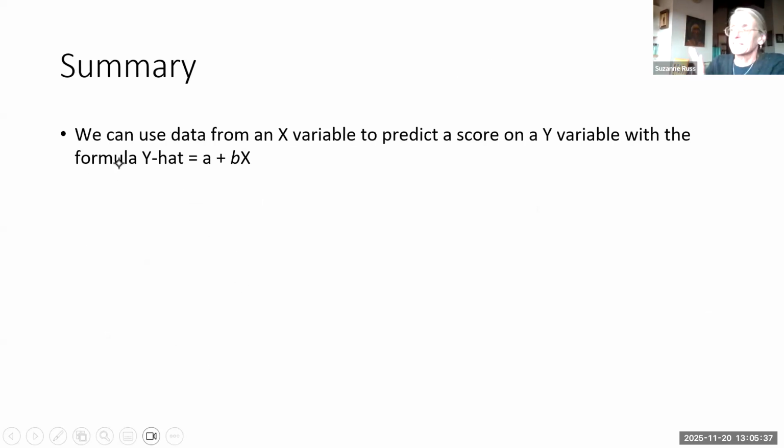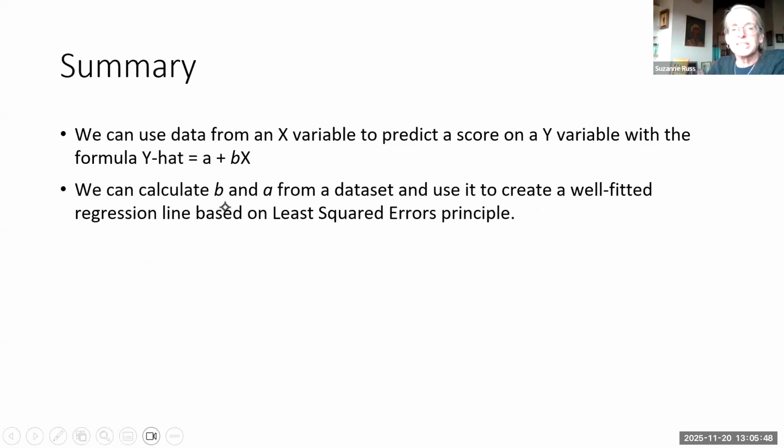So to summarize this, and then we'll go into the spreadsheet. We can use data from an X variable to predict a score on a Y variable using this formula. We can calculate B and A from a data set and use it to create a well-fitted regression line based on this least squared errors principle, the line that has the shortest distance between itself and each of the scores, or between Y and Y hat.